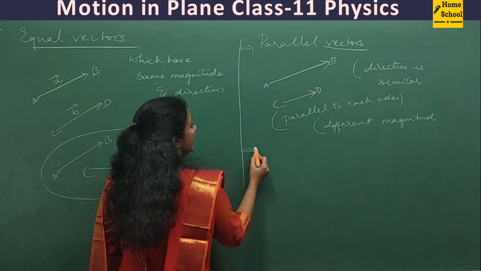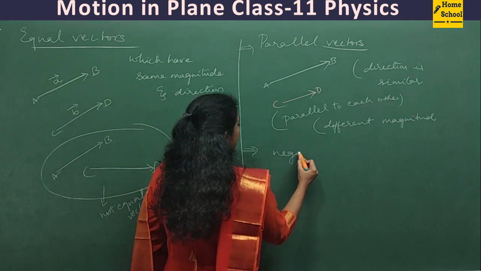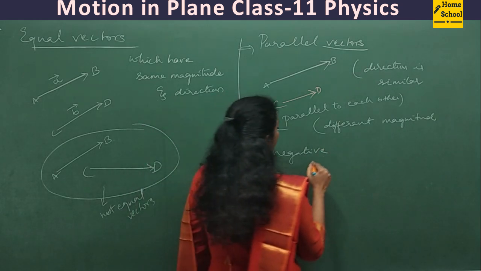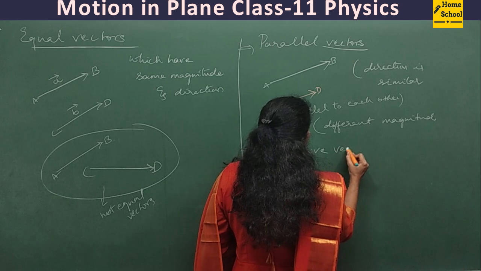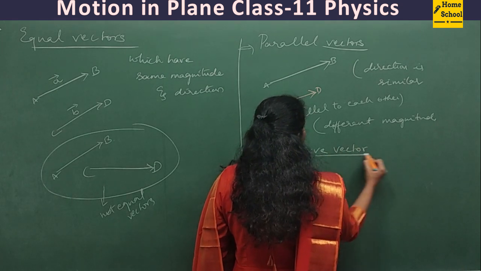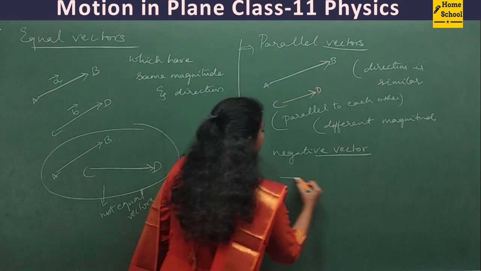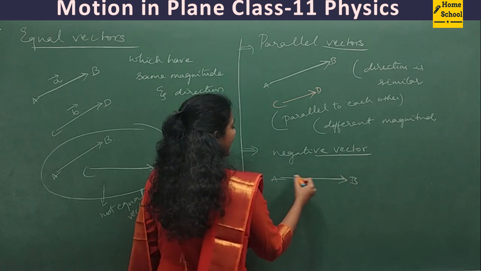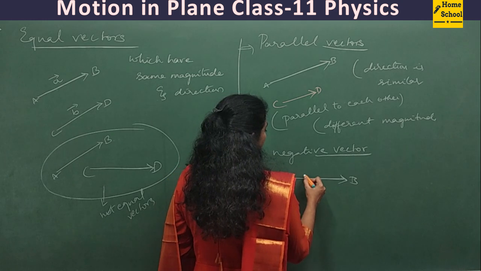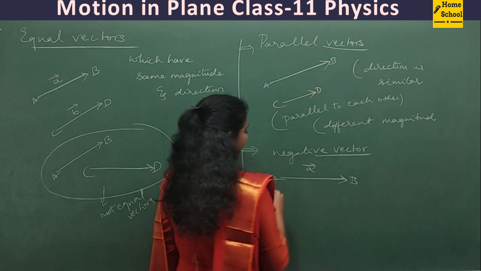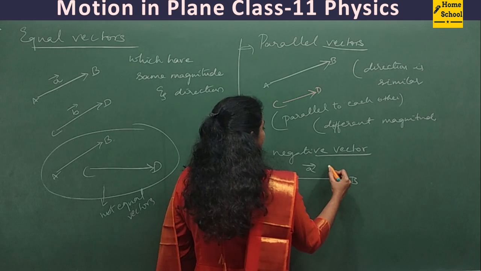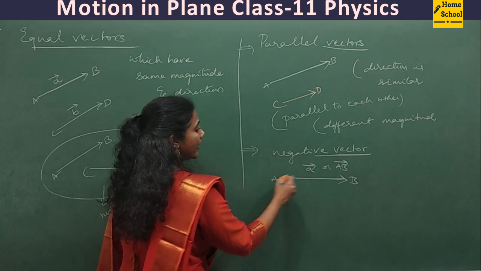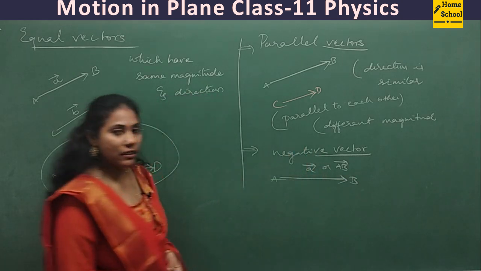Next one is negative vector. Understand this carefully. This is very important and we keep using this quite often. See, this is our AB vector. Let me call this vector A, or I can also call it AB bar. So AB vector or just A vector.